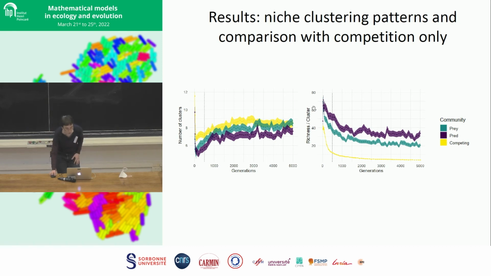Here it's the number of species per cluster. When you have only one species per cluster, there are really no groups. You can see that over time, you have a stronger decrease of richness per cluster for the competition case than for the predator-prey case. So it stays longer in the predator-prey model here. I'm not sure it would work with other sets of parameters, but at least with all the parameters we used, it was this.